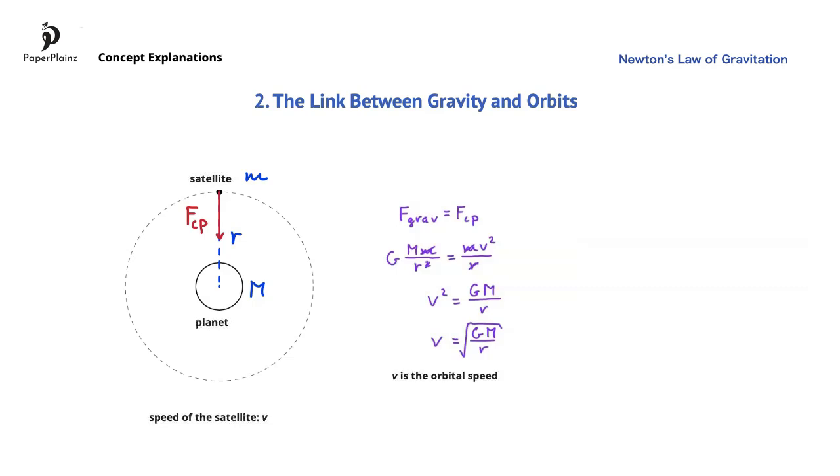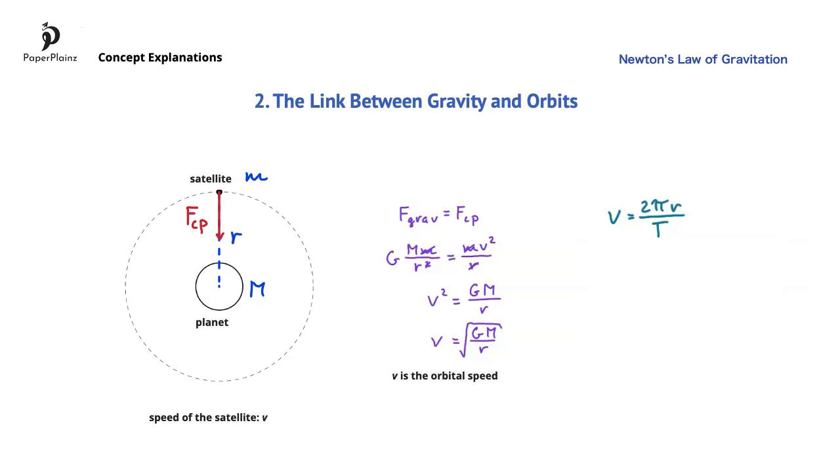Finally, let's derive an important formula linking orbital period and orbital radius. We learned in topic A that v, the speed of an object moving in a circle, is equal to 2 pi times the radius of the circle divided by the time period of the circular motion, which is the time it takes for an object to complete one full revolution.